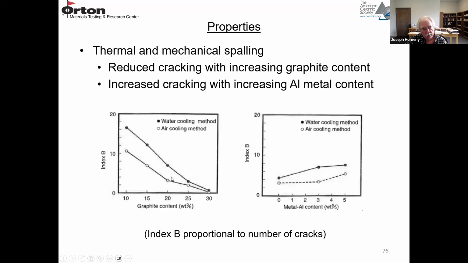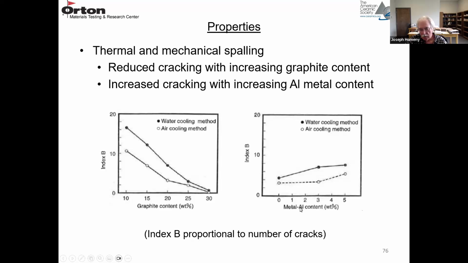So here's the thermal shock damage for air cooling and then for water cooling. So the damage goes down with increasing graphite content. So reduce thermal shock damage with increasing graphite content, but increasing thermal shock damage when you add these antioxidation materials.